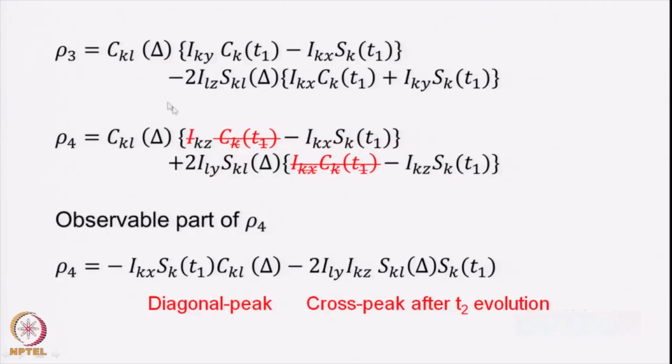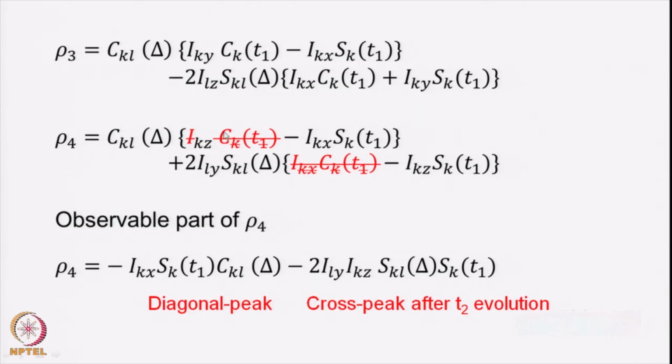Using the simplified notation, rho 3 is CKL delta IKY CKT1 minus IKX SKT1, and the second term is minus 2ILZ SKL delta, and inside the bracket we have the shift evolution terms IKX CKT1 plus IKY SKT1.